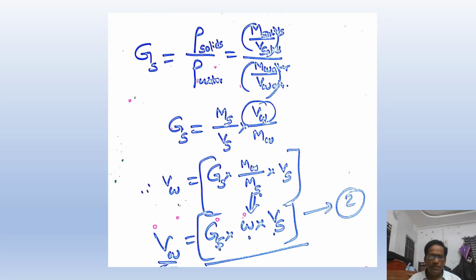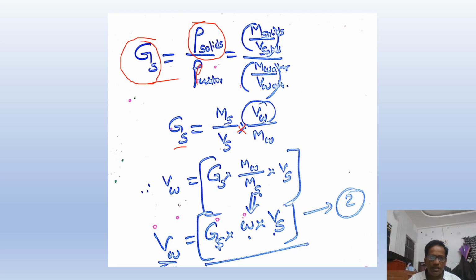Now let us see what the specific gravity of solids is. Specific gravity of solids is equal to density of solids by density of water. Further, we can write density of solids is equal to mass of solids by volume of solids, and density of water is equal to mass of water by volume of water. Now Gs is equal to Ms by Vs into Vw by Mw.